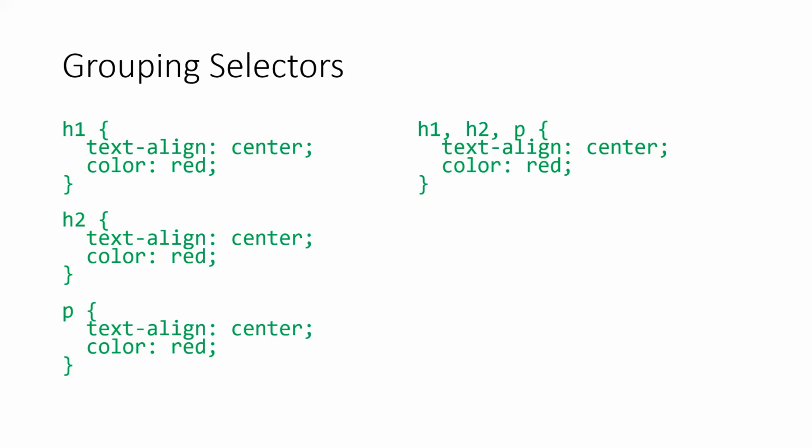The next thing that we discussed is when you have the same styles for several elements, then we can group them. For example, here H1, H2, and also paragraph elements will be center aligned with the color red, which means you can combine them as a group, H1, H2, and P. So you don't have to repeat this, and the size of the CSS file could be reduced.